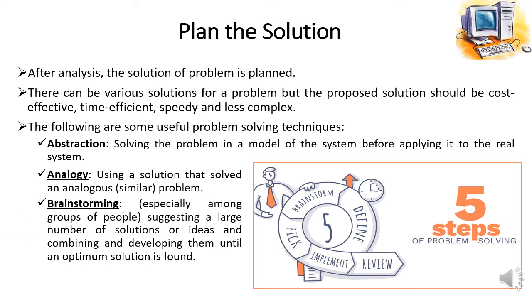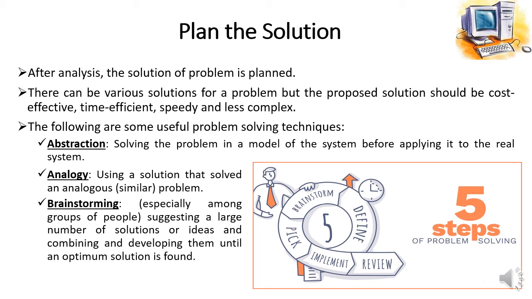Brainstorming, especially among groups of people, suggesting a large number of solutions or ideas and combining and developing them until an optimum solution is found. Brainstorming means that you have got a problem and you are asking multiple people, or a group of people, who suggest possible solutions for the problem.